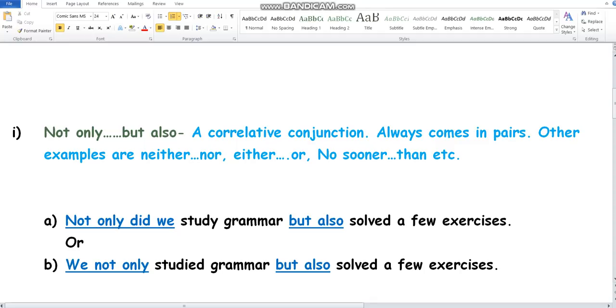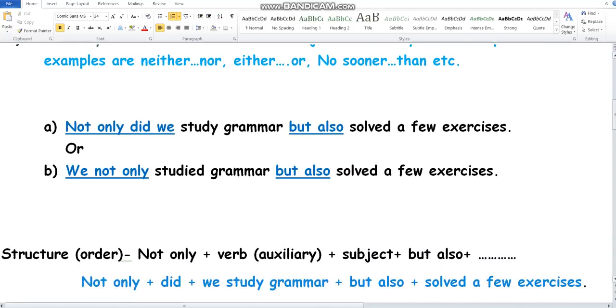While transforming a sentence, you must look at it carefully and focus on all the details given so that you do not change its meaning or tense or miss out any detail given in the question. When you begin a sentence with not only, you must place the auxiliary verb right after not only. So the structure goes like this.